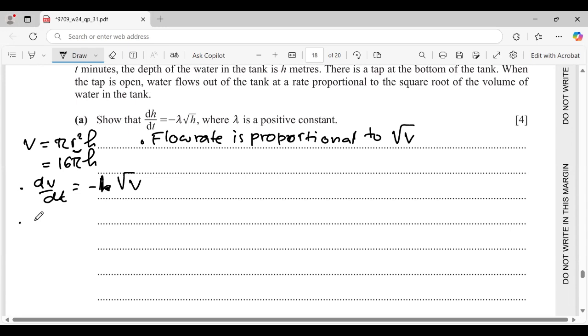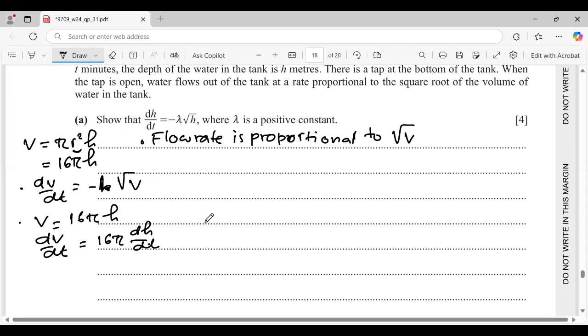to relate dV/dt and dh/dt, based on the information that V equals 16 pi h. So dV/dt equals 16 pi dh/dt.